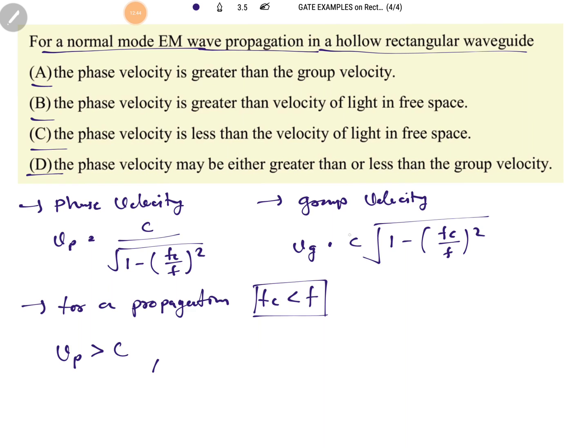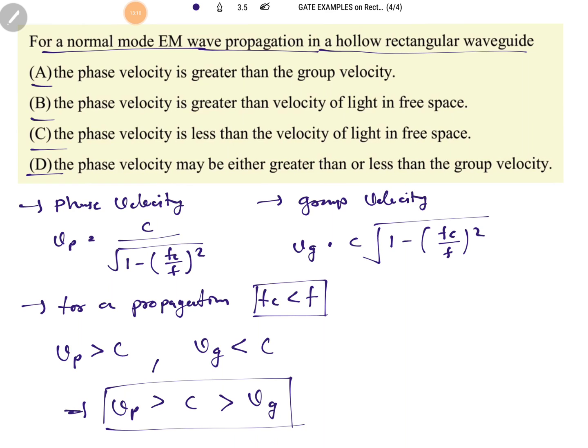And if you apply that to group velocity, c into square root of 1 minus something square, that will be less than 1. It means Vg is lower than c. So we can say Vp is greater than the velocity of light, and the velocity of light is greater than Vg.